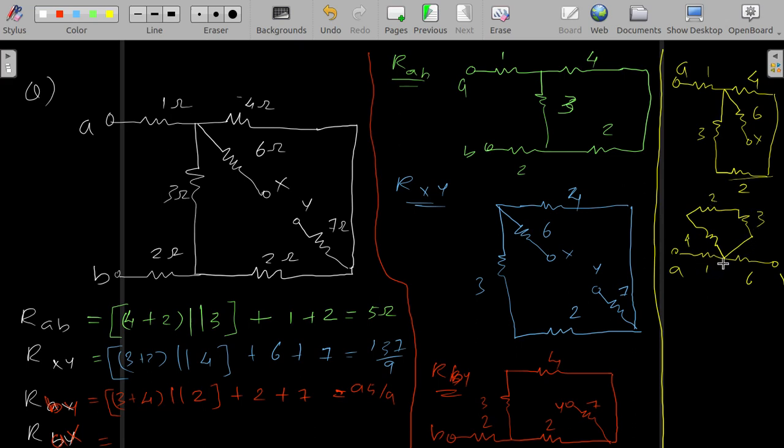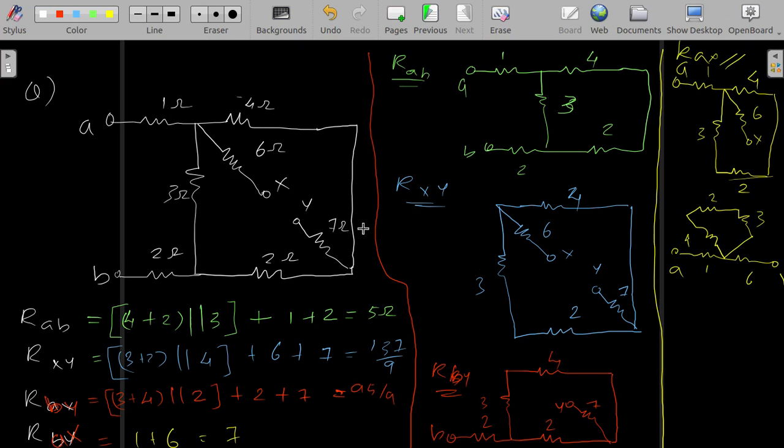So when the current comes here, it won't go through here because there is no potential difference between these 2 points to flow through there. So it will just go through here. So this is just 1 plus 6 equal to 7. Okay. This is for R AX.